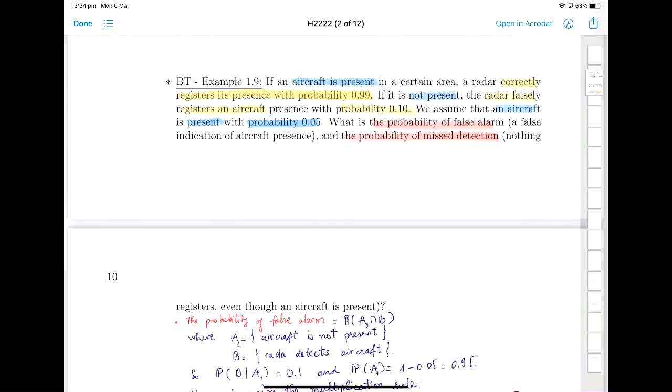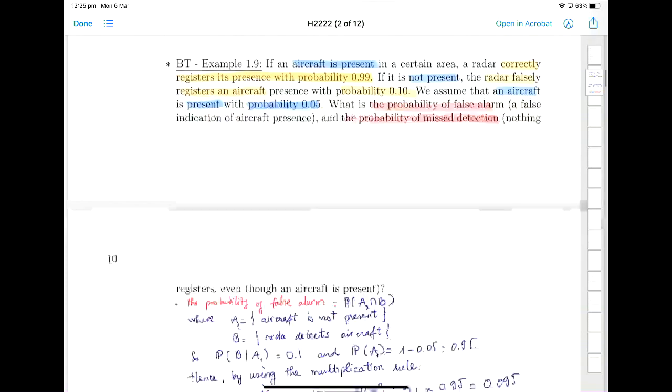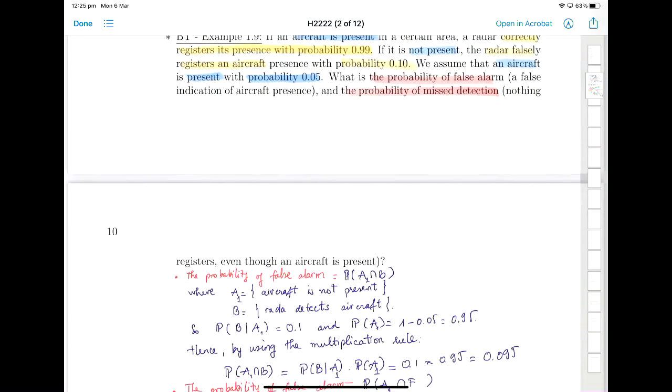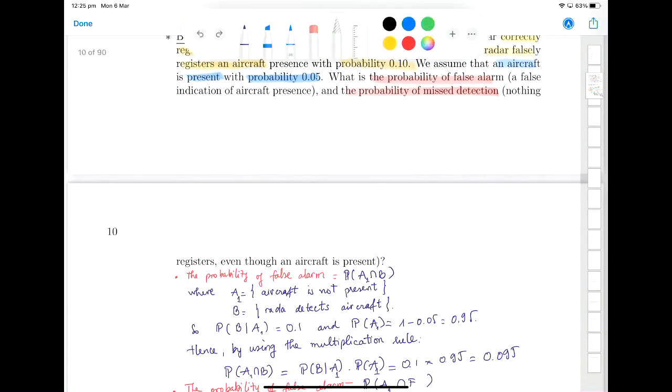And the probability of A1 is the probability of the complement of an aircraft being present, which is 1 minus 0.05, so 0.95. Using the multiplication rule, the probability of A1 intersect with B is the probability of B given A1 times the probability of A1.